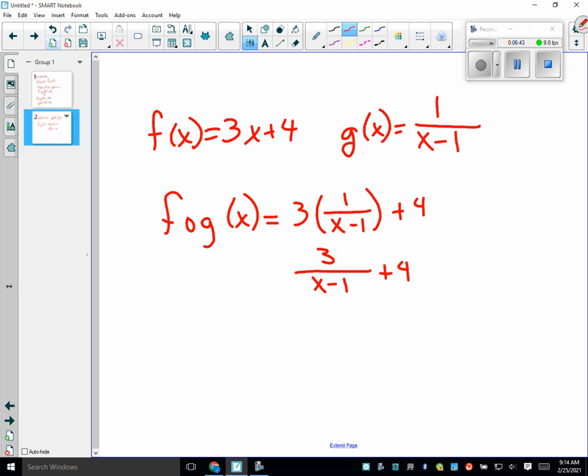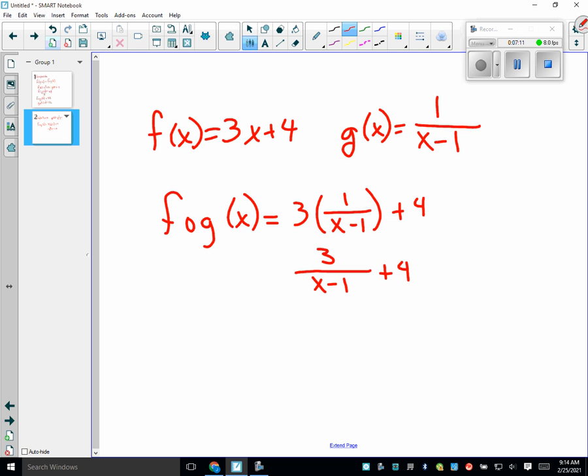But now my question is, what is the domain of f of g? What would make that undefined? You let the denominator equal 0. What would make this fraction undefined? 1.